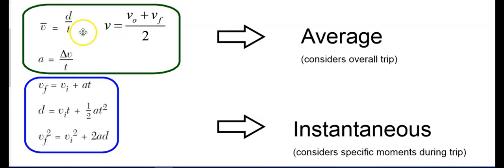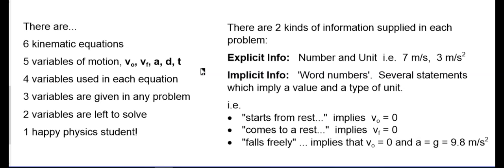Let's discuss all of the variables of motion right now. There are 6 kinematic equations. There are 5 variables of motion: VO, VF, A, D, and T. Initial speed, final speed, acceleration rate, distance or displacement, and the time.